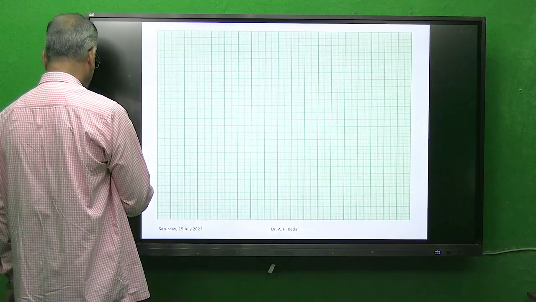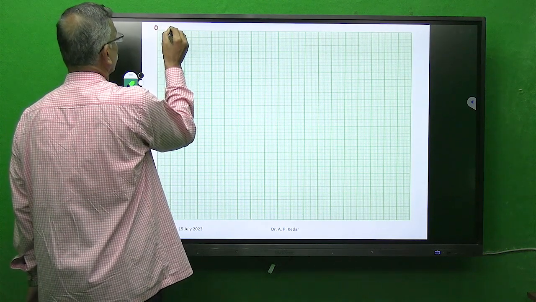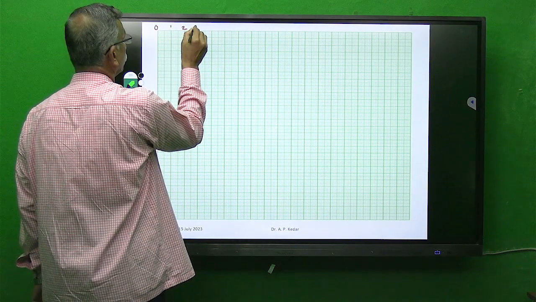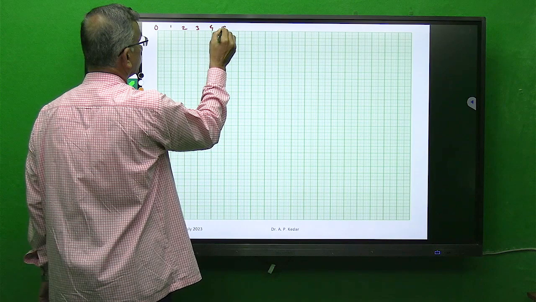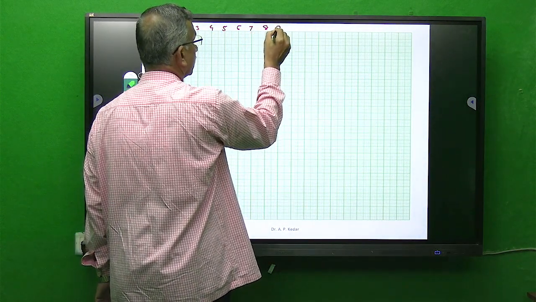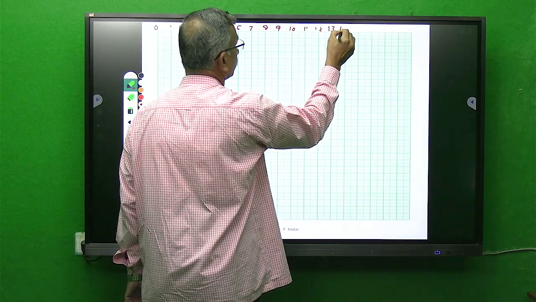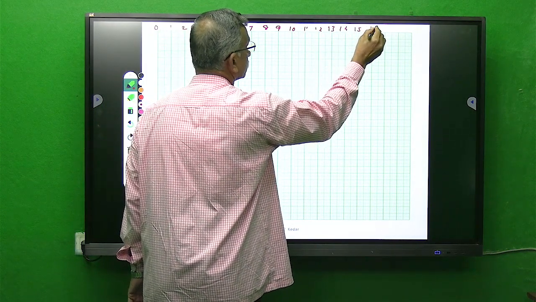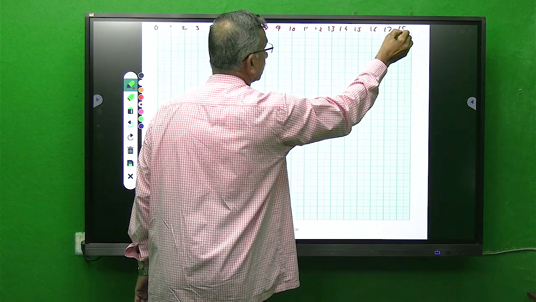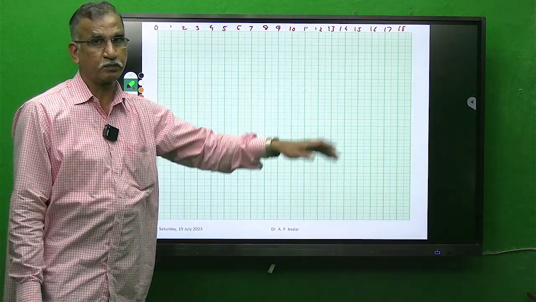I am just giving you a hint how to proceed. 0, then 1, 2, 3, 4, you have to select the scale. 6, 7, 8, 9, 10, 11, 12, 13, 14, 15, 16, 17, 18. Here I have taken 18 because we are having 18 days.